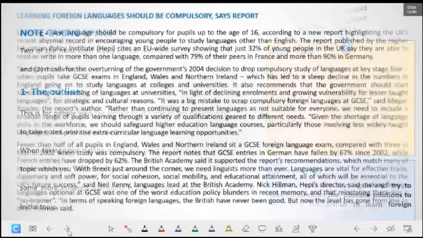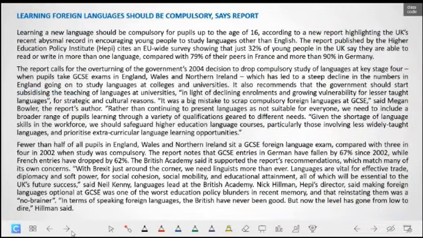This is the text again. You need to find the solutions and use the note-taking style, which is the outline. You have the main topic, and then you have the sub-topics. I'll give you 5 minutes for this activity.